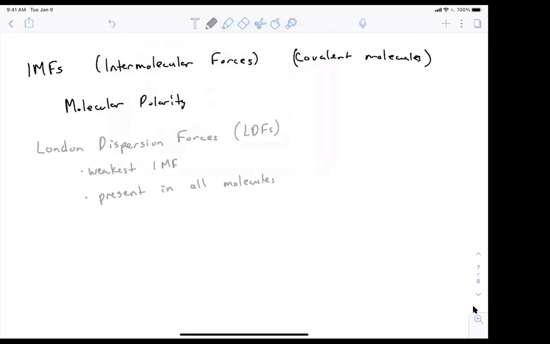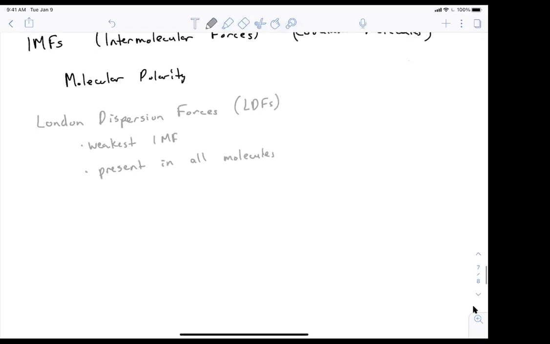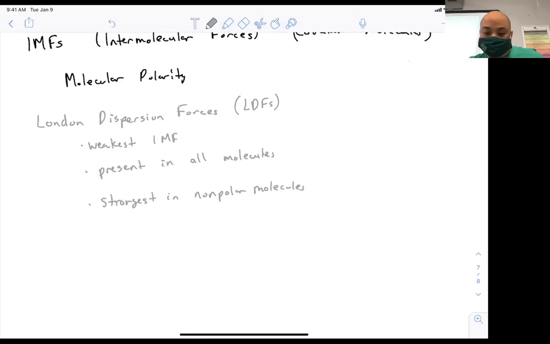But they are the strongest IMF in nonpolar molecules. So in nonpolar molecules, they are the strongest. And identifying a nonpolar molecule really has to do with identifying your bond polarity.